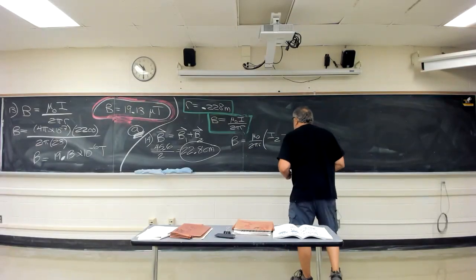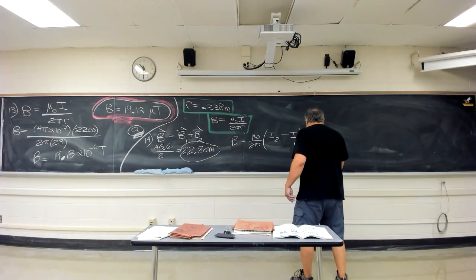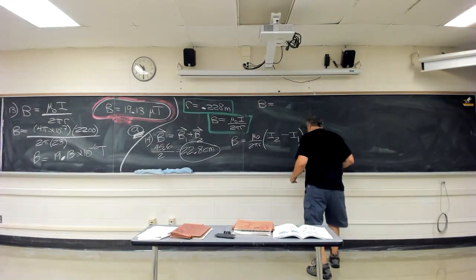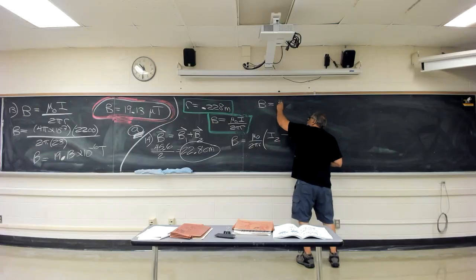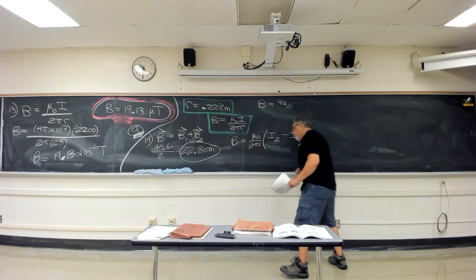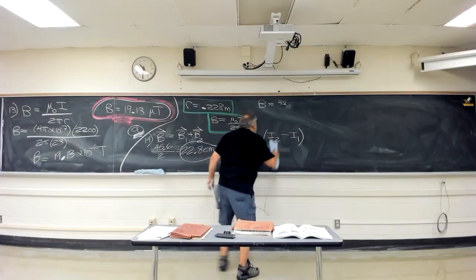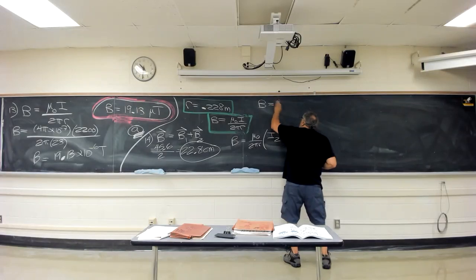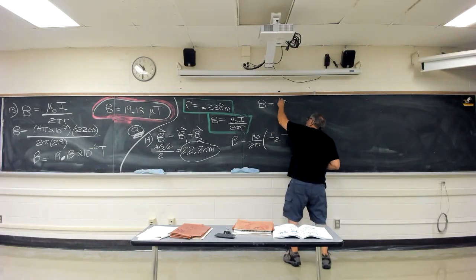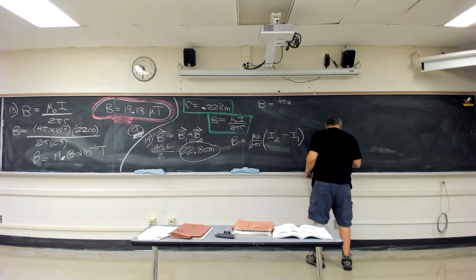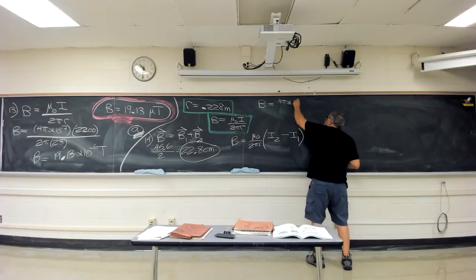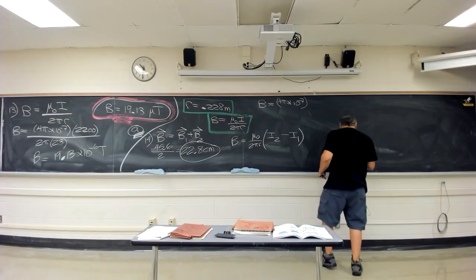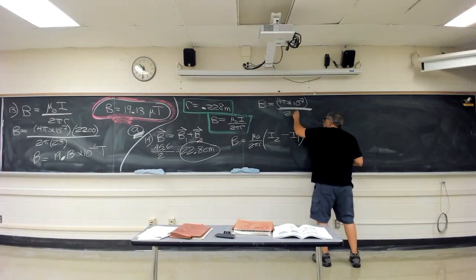So we got what we have here, guys. You play the game here. Mu 0 is 4 pi times 10 to the negative 7. 2 is 2, pi is pi, okay.